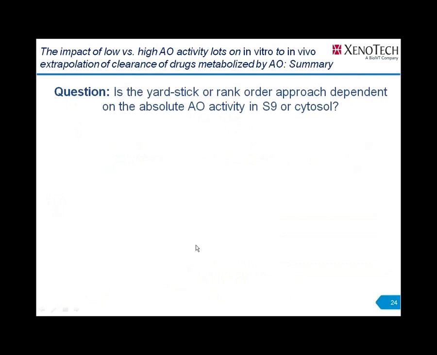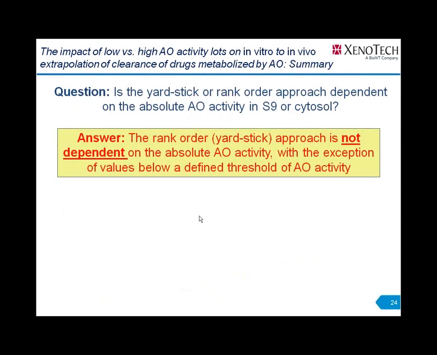So in answer to the question that we posed earlier, is this rank order approach that this Pfizer paper published on dependent on the absolute AO activity in the subcellular fractions? Well, the answer is it's not dependent on the absolute AO activity.